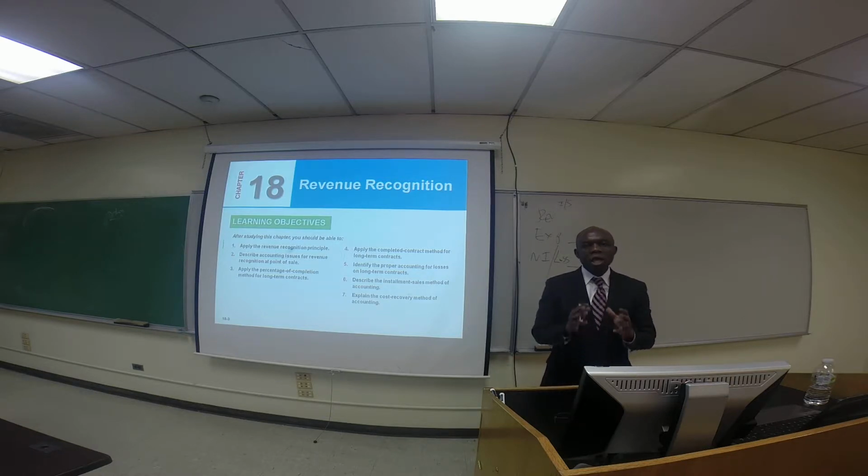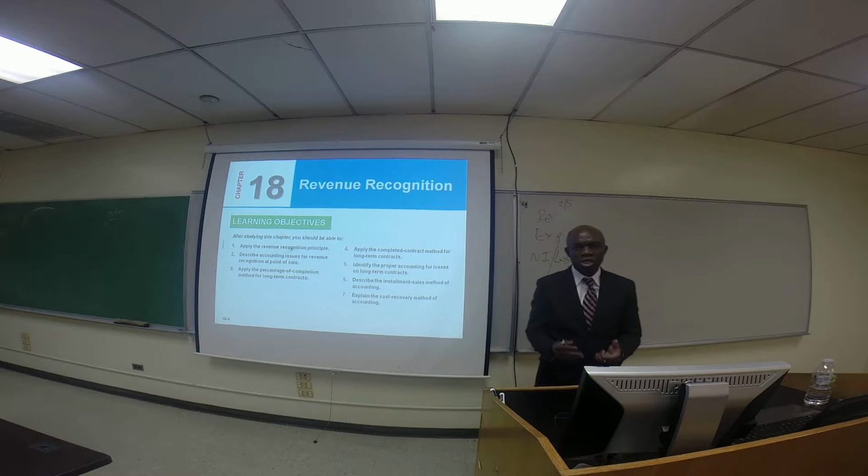Number 1, learning accounting rules, or generally accepted accounting principles, which we also call accounting standards. Number 2, how to apply the rules. Number 3, the result of the application of the rules is information in the form of financial statements.